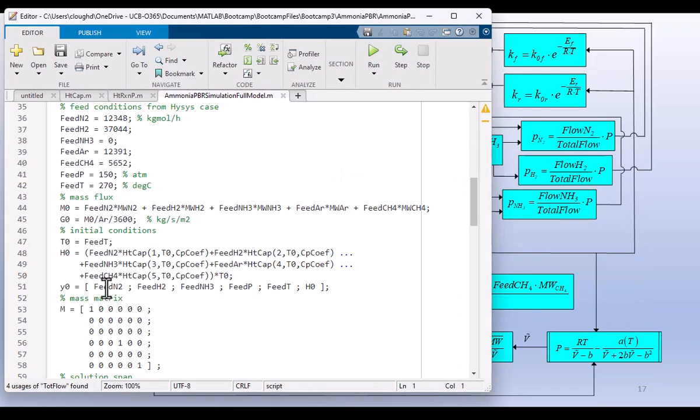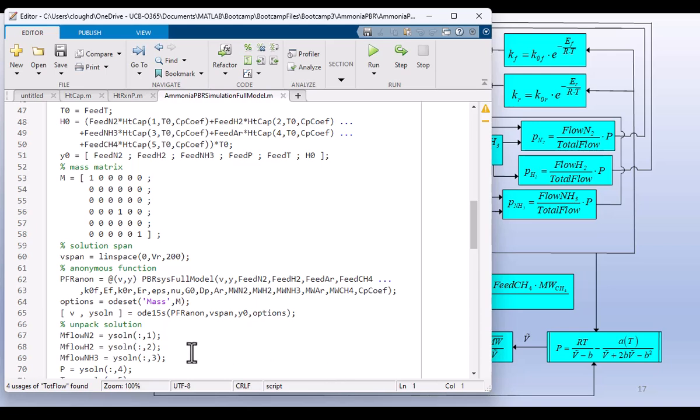And then we set our initial conditions, somewhat different now because we've got our differential equation for nitrogen, we've got our two stoichiometric relationships, we've got our differential equation for pressure, and then we have our H0 and our feed temperature initial values, all right? We construct our mass matrix here, all right?